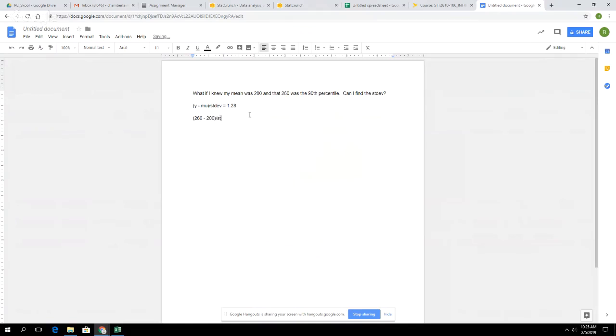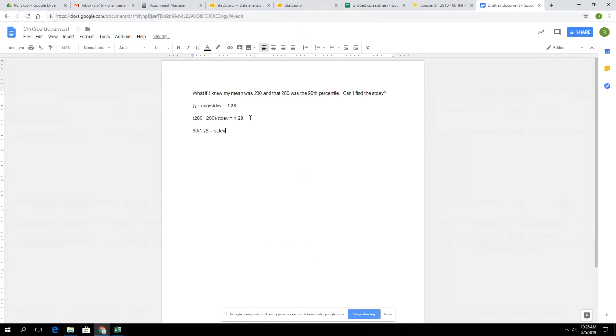I'm dividing by standard deviation, which I don't know yet, but I know that equals 1.28. So multiply both sides by standard deviation, divide both sides by 1.28. That subtraction up there gives me 60. I'm ending up with 60 divided by 1.28 is my standard deviation for this problem.